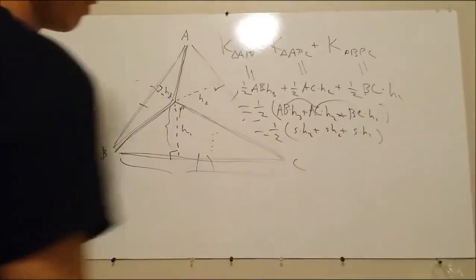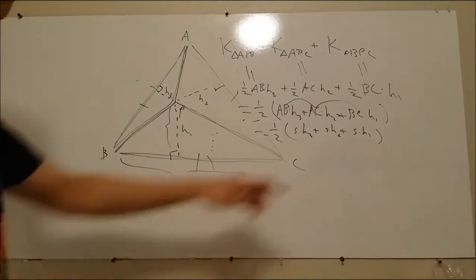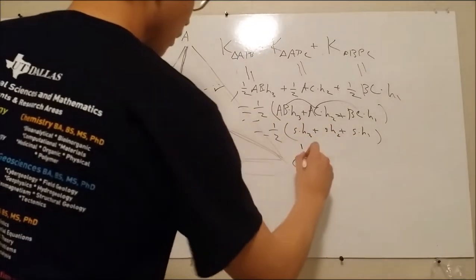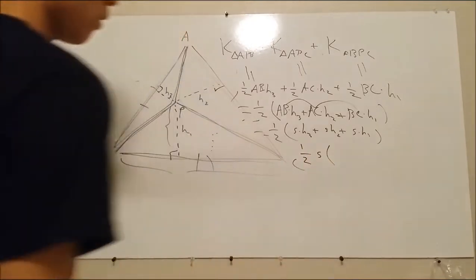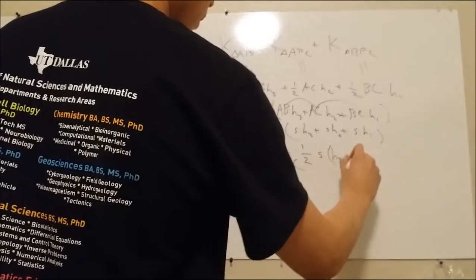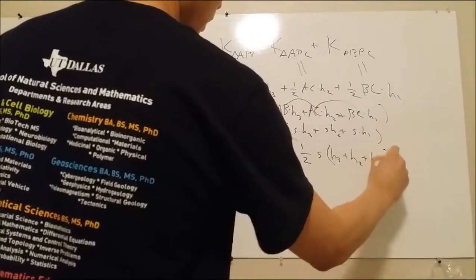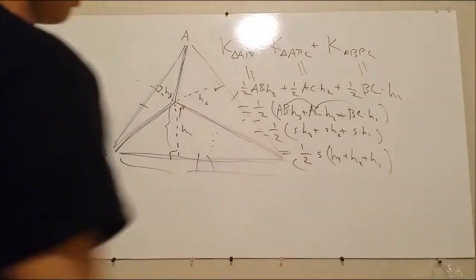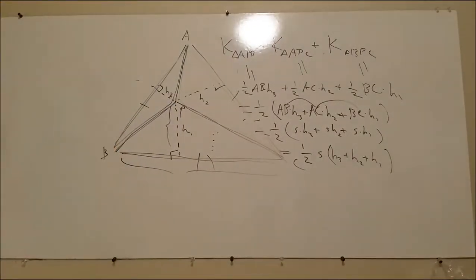Okay? So we've simply rewritten our formula. And now look here, we can do the same thing as we did with 1/2. Simply pull out the S, and ta-da! What do we have inside here? H3 plus H2 plus H1. Alright? That's H1 plus H2 plus H3. The value we wanted. Right?